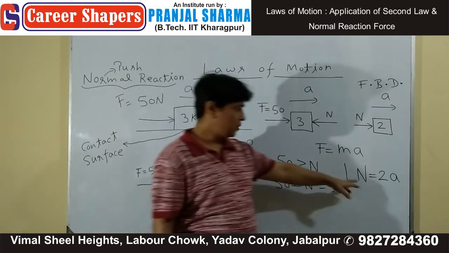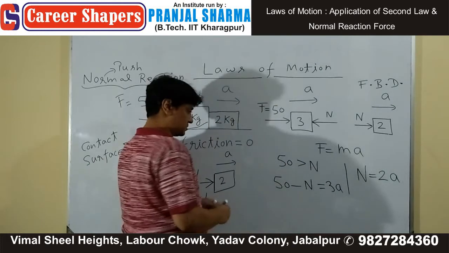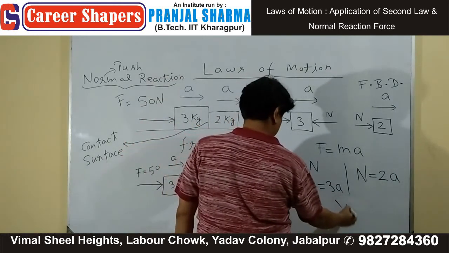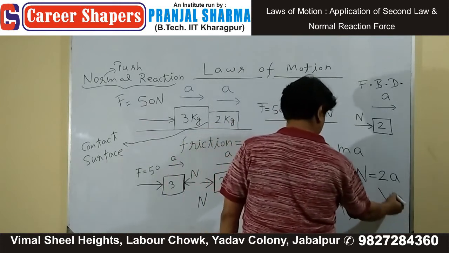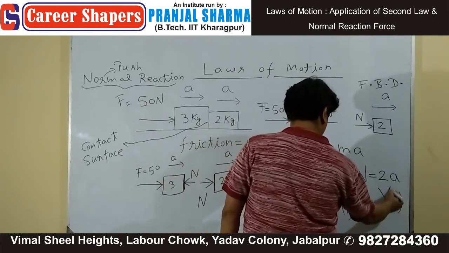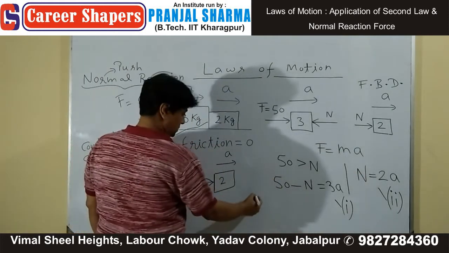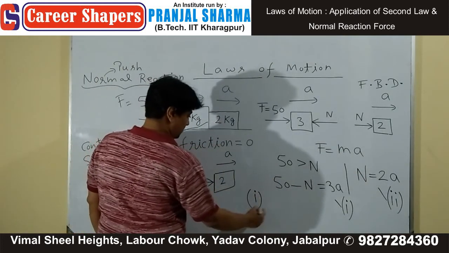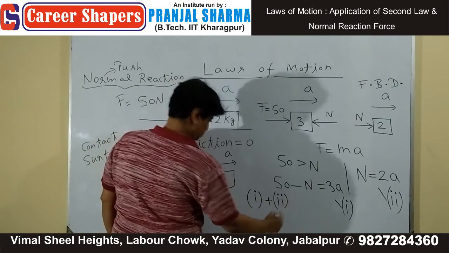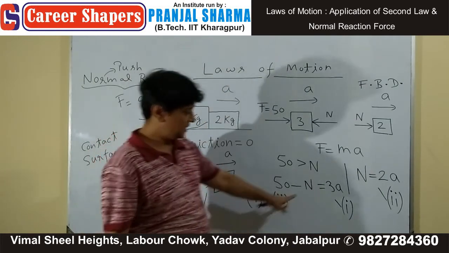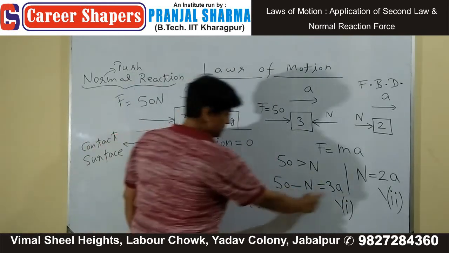You've got 2 equations. Add these 2 equations. Let's call it equation number 1 and let's call it equation number 2. So when you add these two equations, equation number 1 plus equation number 2, then you can see that n and n is gone. This is minus n, this is plus n.